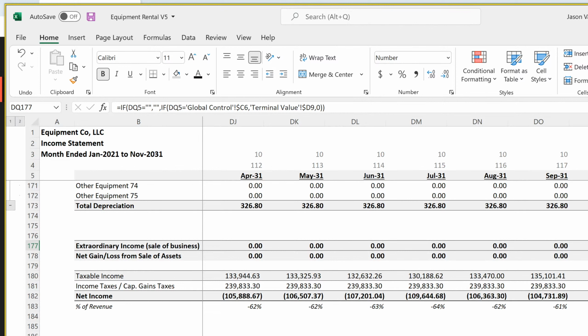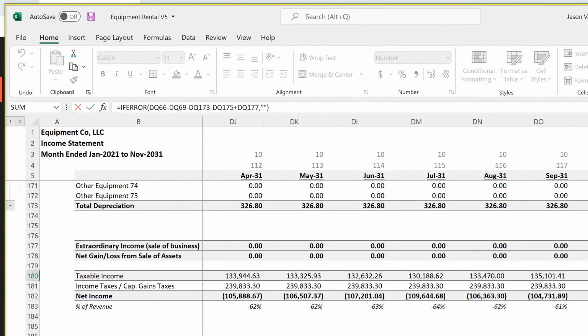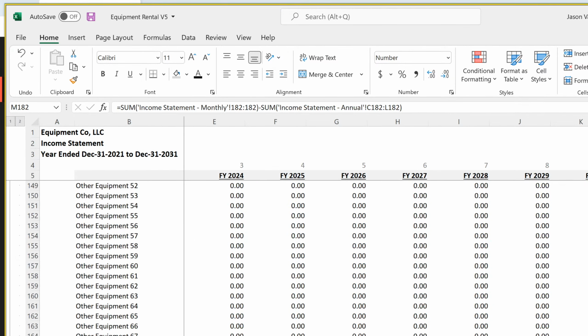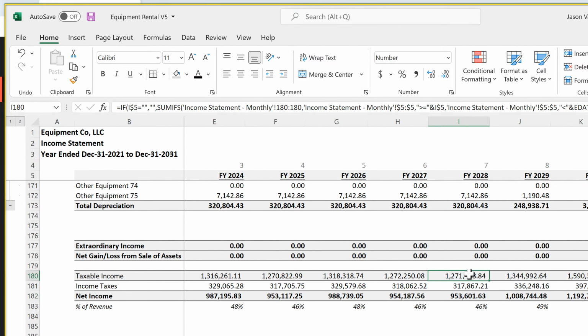So this is terminal value minus the amount applied to fixed assets. This is fixed assets including the building. So when we go to calculate this, I looked at that there. Let's look at our income statement annual taxable income.